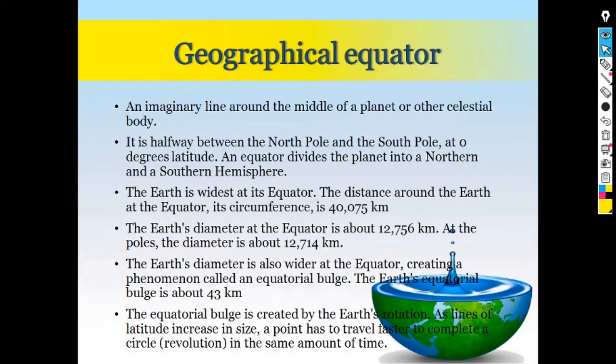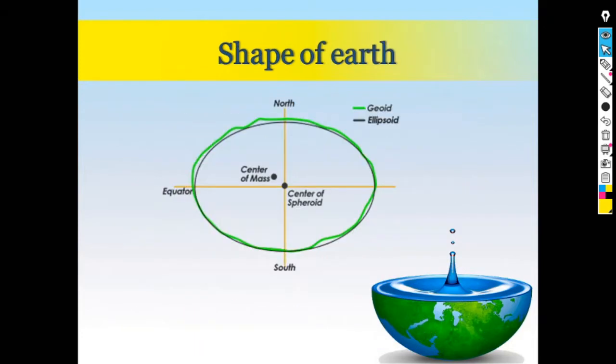So the northern part of the equator will be your northern hemisphere and the southern part of the equator will be your southern hemisphere. So here you can see the equator. This part will be the northern hemisphere and this part will be your southern hemisphere.